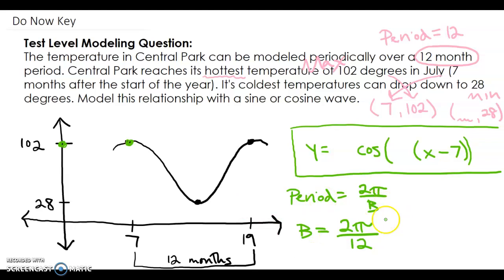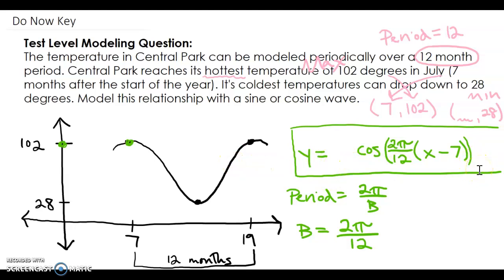You can cross multiply, do some algebra, and you'll get b is equal to 2 pi over your period, which is 12. And so that's what I'm going to plug in here. Again, we like exact values. And if we plug that into our calculator, we're going to get some weird decimal that we don't want to have to deal with. Now, all we are left with is our amplitude and our midline.